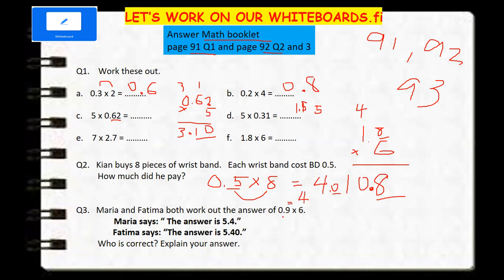Okay, let's do this one. 9 times 6 is 54. How many digits? We have 1. So the answer is 5.4. They are both correct. 5.4 and 5.40 is the same as 5.4.